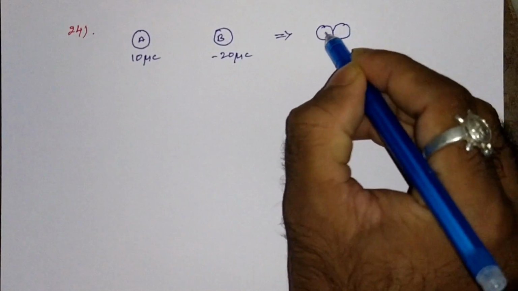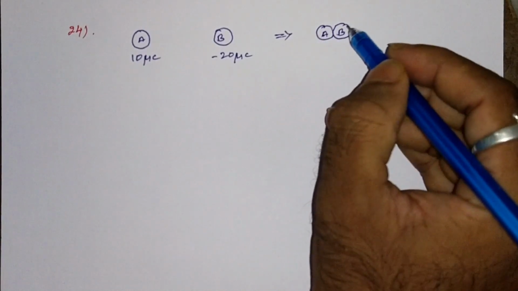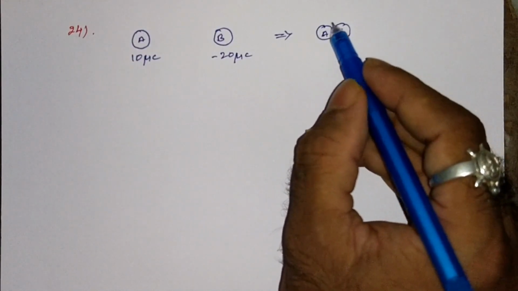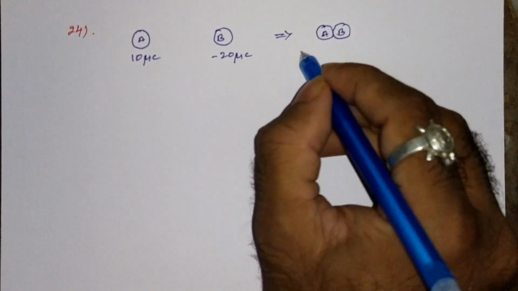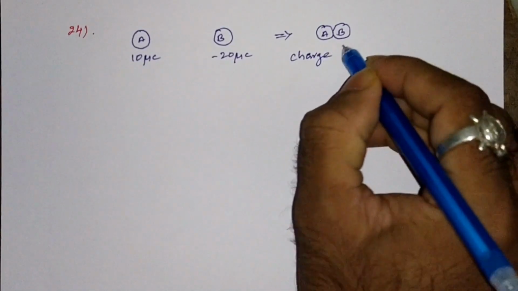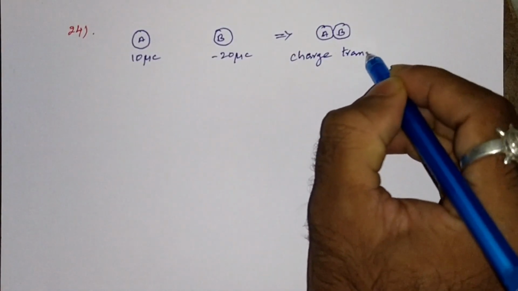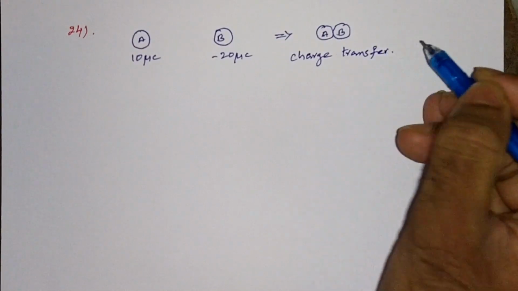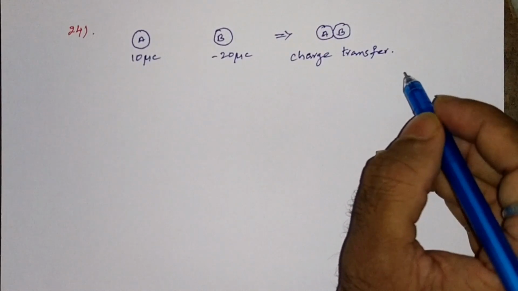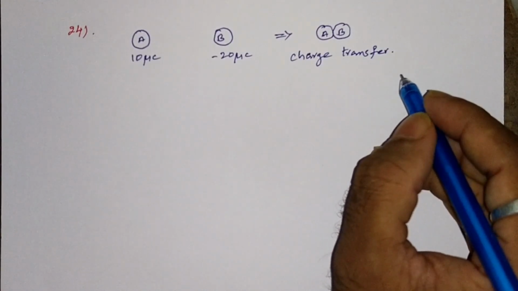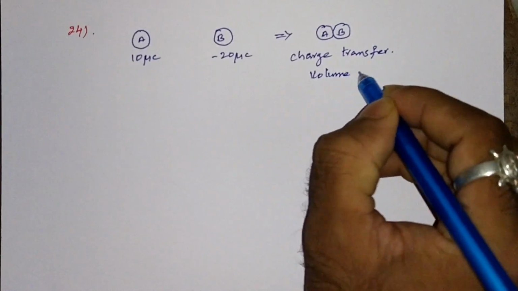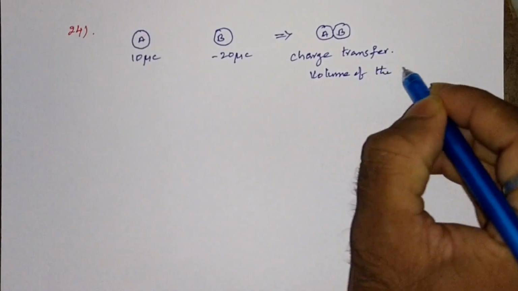See this, A and B brought in contact with each other. When two charged bodies are brought in contact, charge transfer will take place. Then how much charge will go from one body to another body? That depends on the volume of the body.